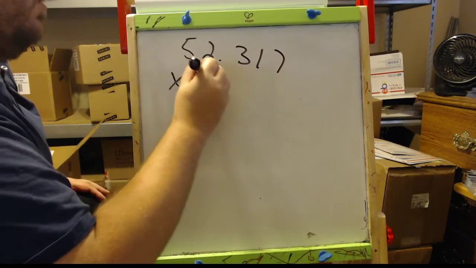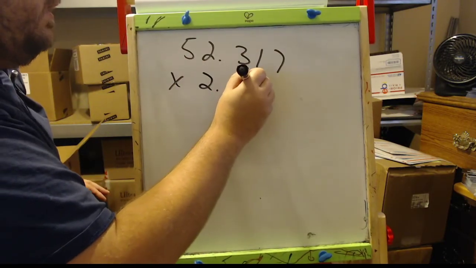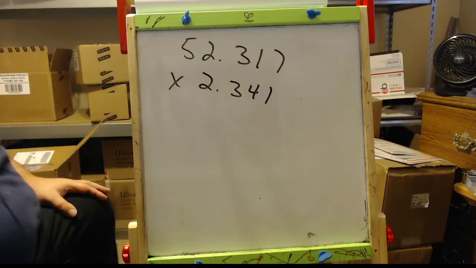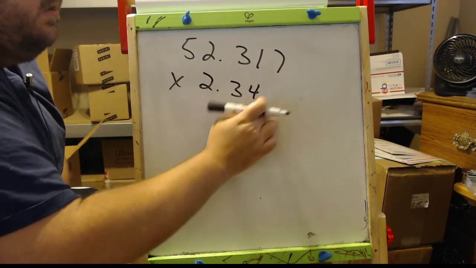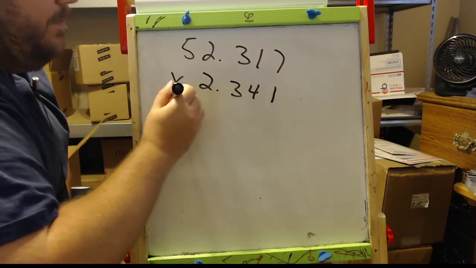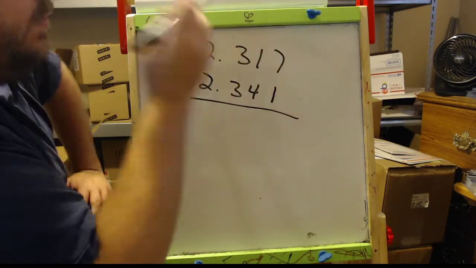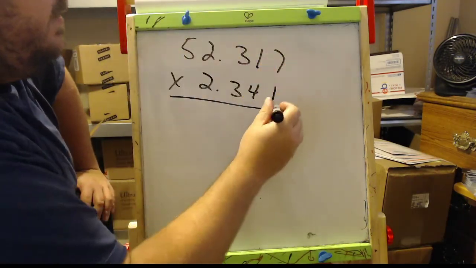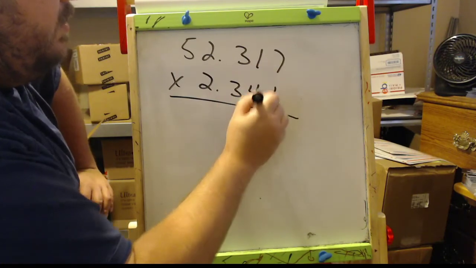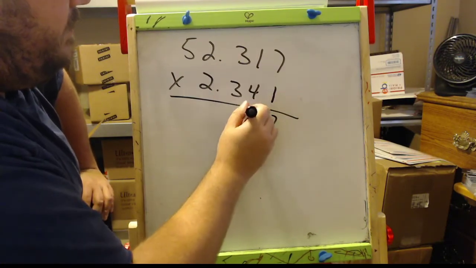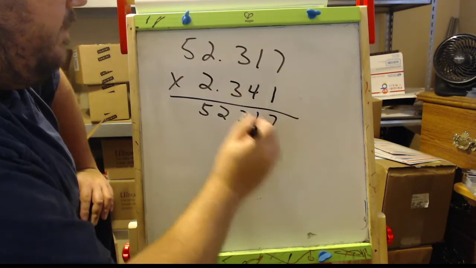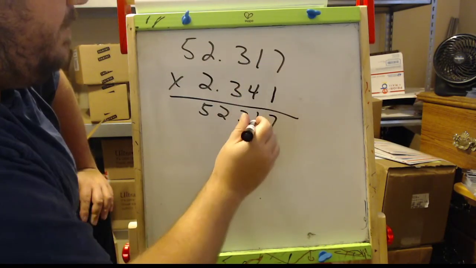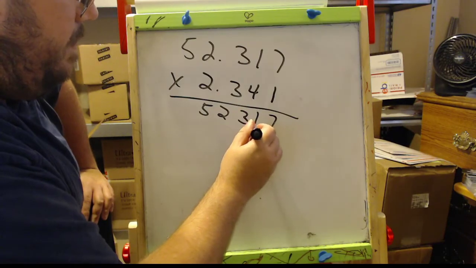52.317 times 2.341. Okay, let's make it a little bit longer than usual. So let's carry this all the way out, long way. 7 times 1 is 7, 1 times 1 is 1, 1 times 3 is 3, 1 times 2 is 2, 1 times 5 is 5. Put our placeholder. 4 times 7 is 28.